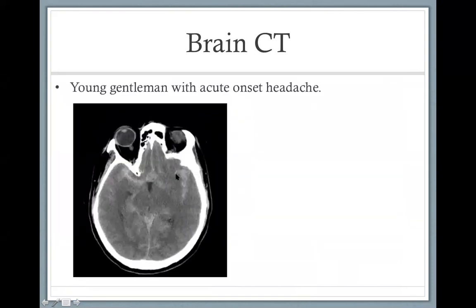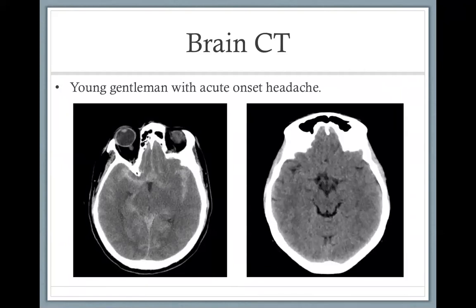If you look at this image, the CSF space, which is here, anterior to the brainstem and even posterior, is obliterated. And so are the Sylvian fissures, with higher attenuation material. Higher attenuation is due to different reasons, but in this case, it is actually due to blood.